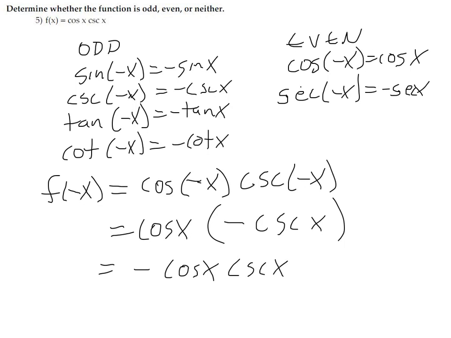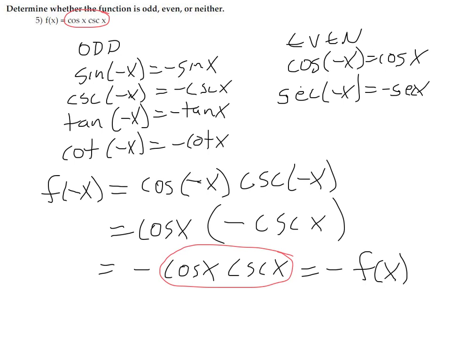Now, our original function was cosine x, cosecant x. We now have negative cosine x, cosecant x. So notice the function is almost the same, except for the negative. So we actually have this is equal to negative f of x.